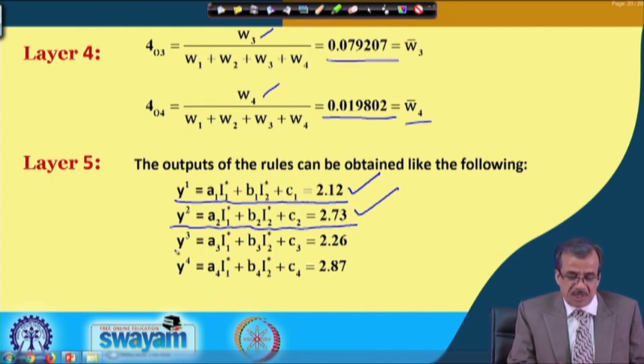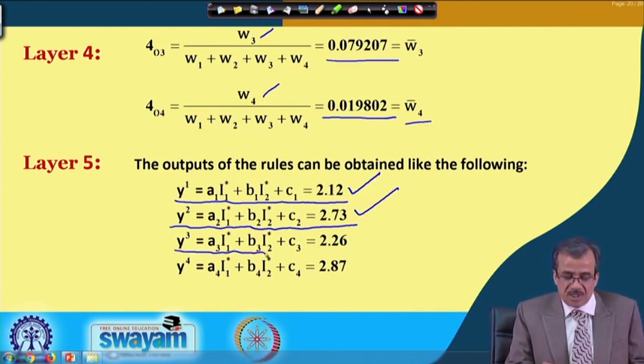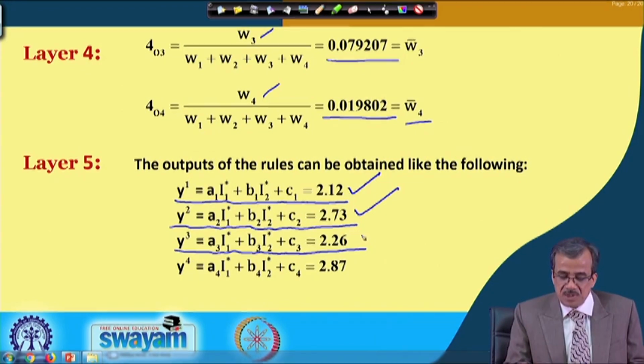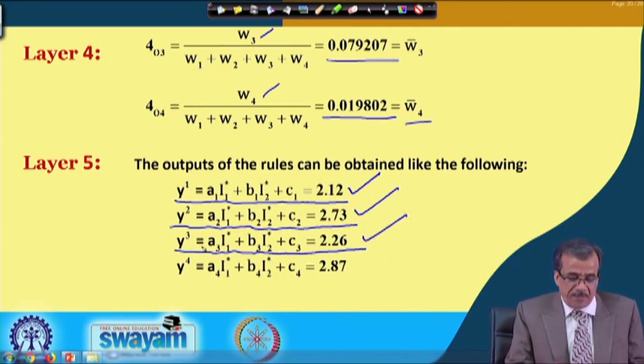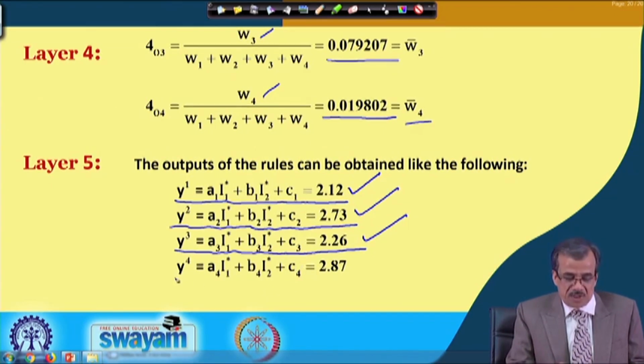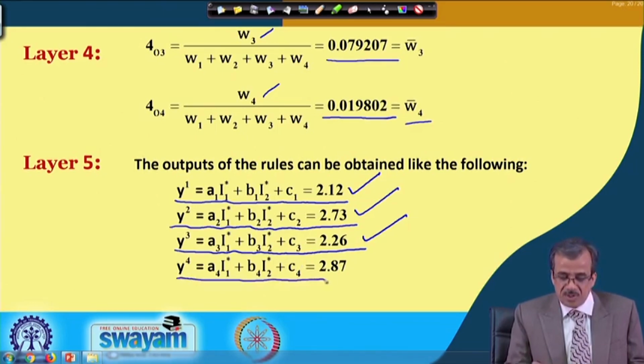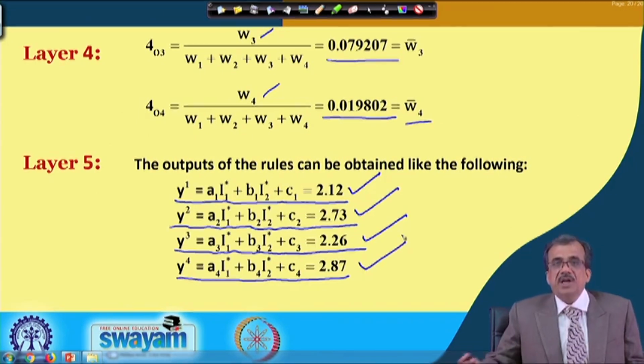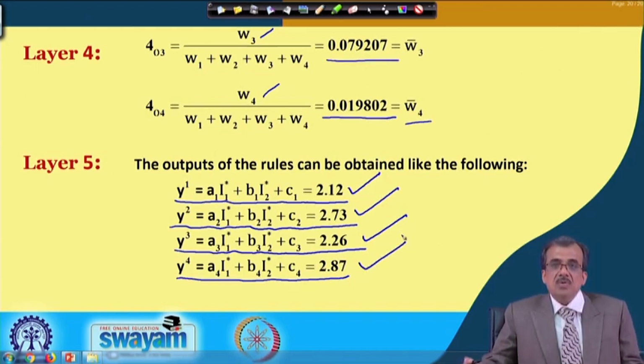Then Y3 is nothing but A3 I1 star plus B3 I2 star plus C3, and if you substitute the numerical values, you will be getting 2.26. Then Y4 is nothing but A4 I1 star plus B4 I2 star plus C4. So, if you substitute all the numerical values, you will be getting 2.87 as your Y4.